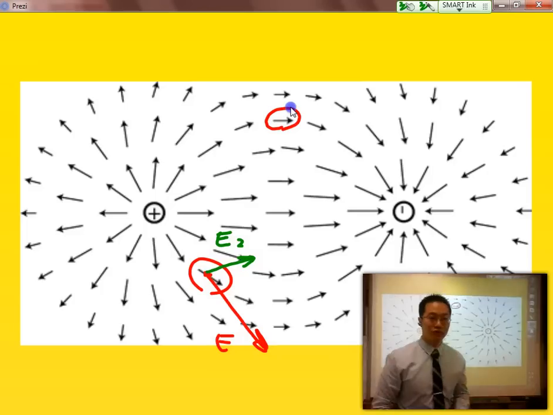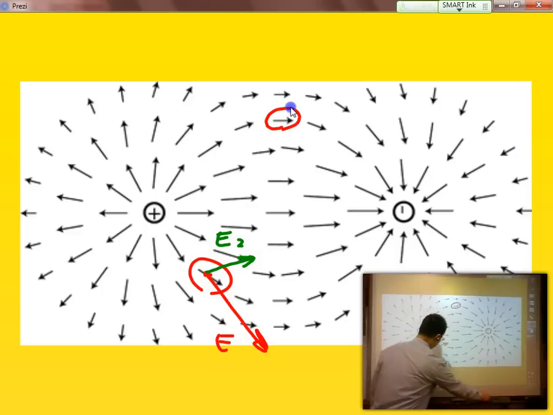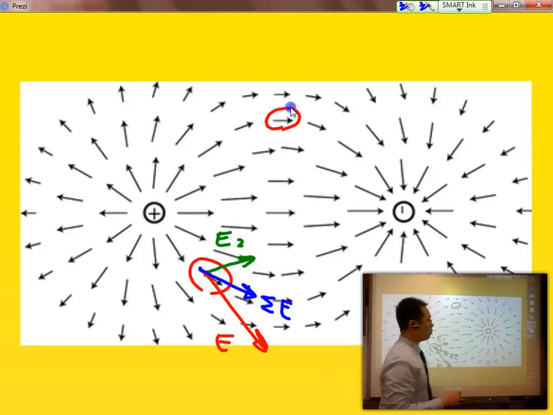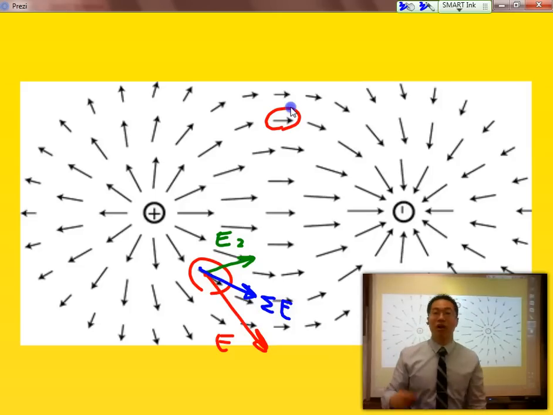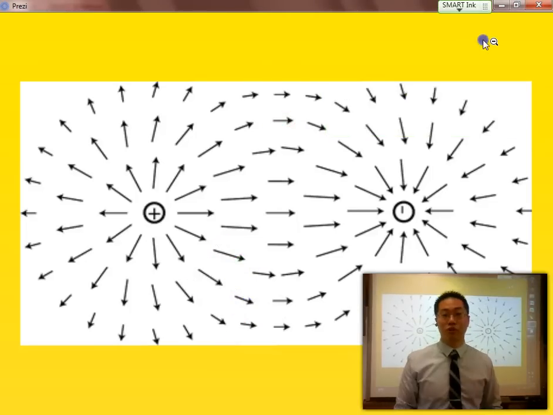But the electric field isn't as strong because it's further away. But as a vector sum, you see this arrow over here, it points in this direction. So sigma E. So every point is going to be a vector sum of the two electric fields that are being created. And right now our job is to figure out what's the total based on the location.